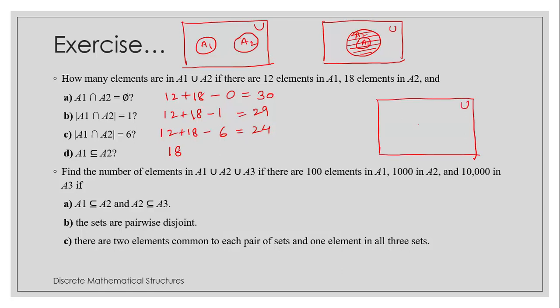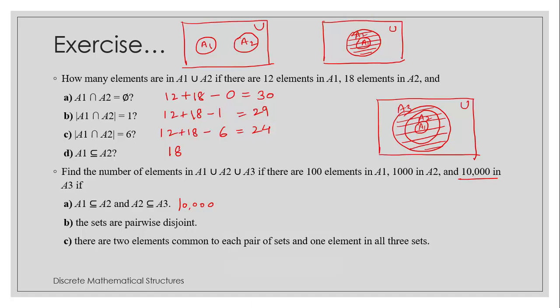This is the universal set, this is A1, this is A2 and this is A3. Now the union of these three will be this shaded area, which is again equal to set A3. A3 has 10,000 elements, so this will also have 10,000 elements.